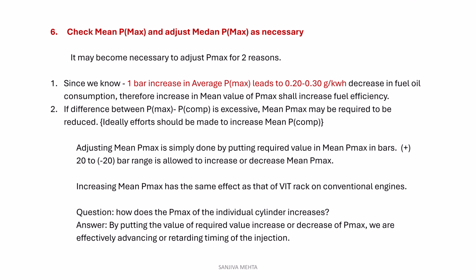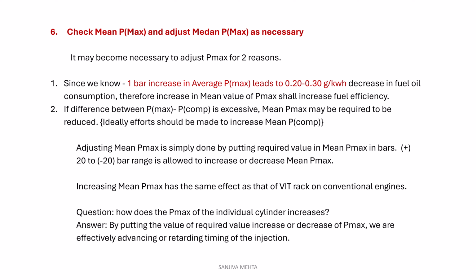Therefore, increase in mean value of Pmax shall increase fuel efficiency. Number two, if the difference between Pmax minus PCOM is excessive, mean Pmax may be required to be reduced. If you have already increased the PCOM as much as possible, ideally effort should be made to increase the Pmax. But if not, you can reduce also.